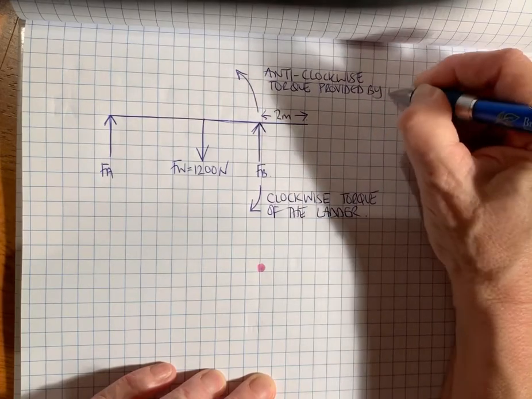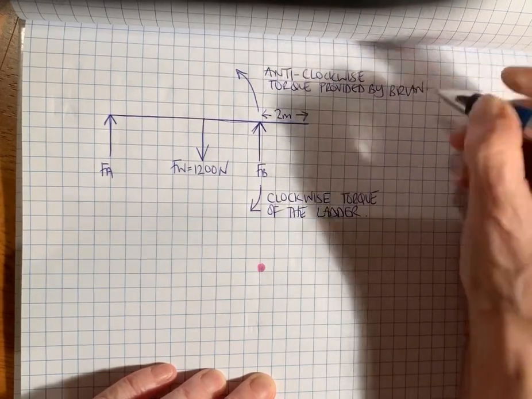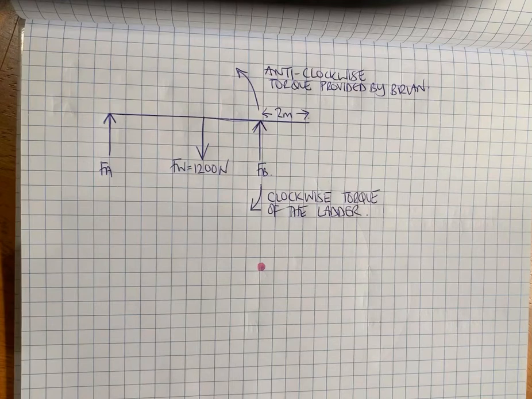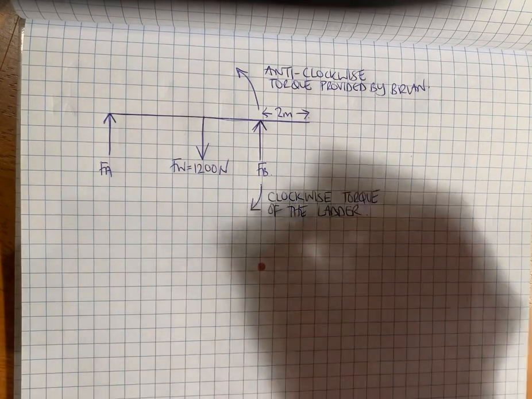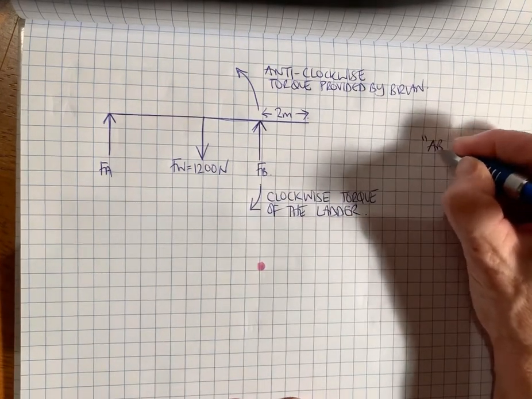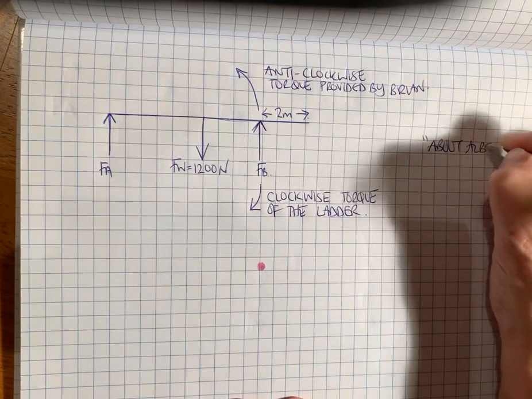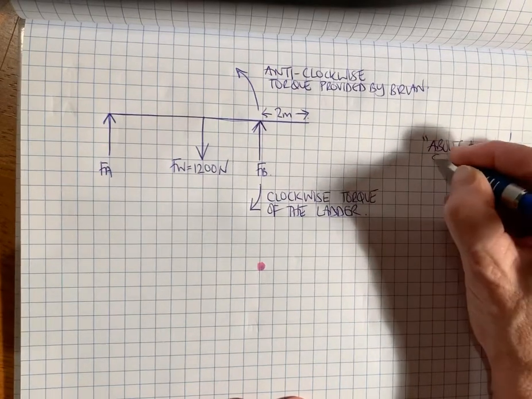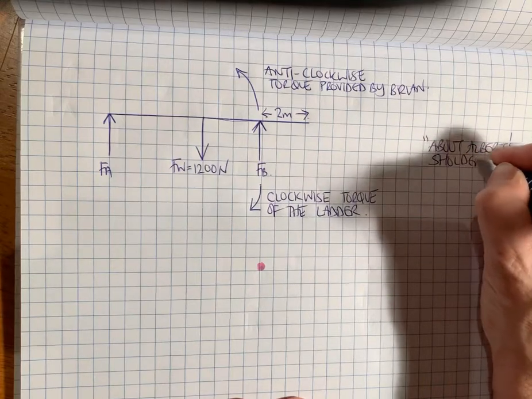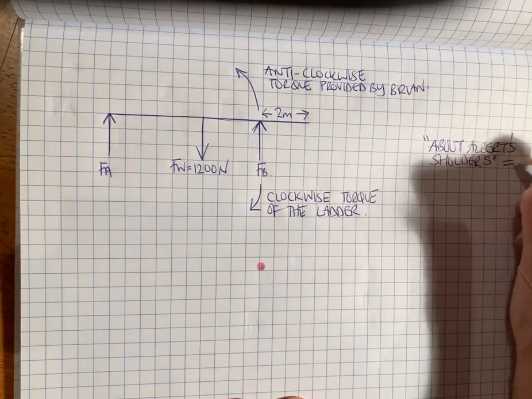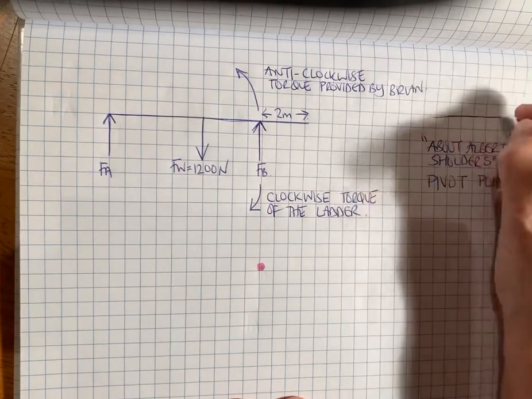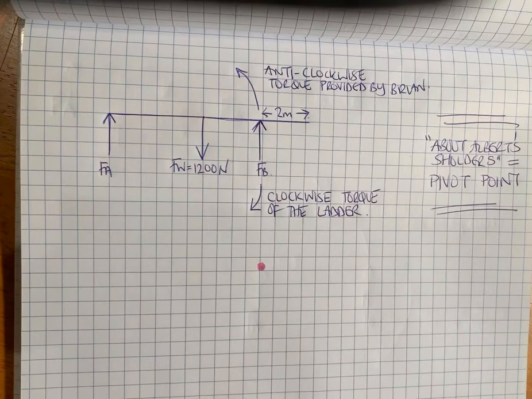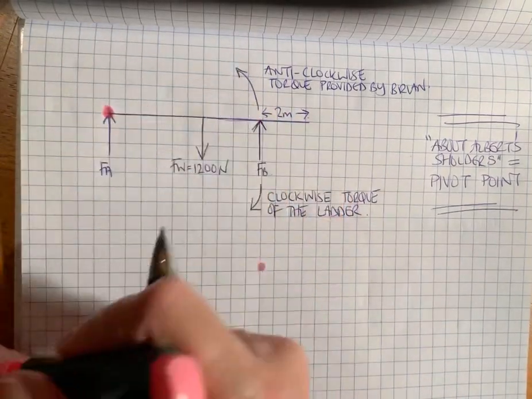Now the reason I know that I have to use those two is that it says calculate the clockwise torque about Albert's shoulder, and about Albert's shoulder is your clue that Albert's shoulders become the pivot point.